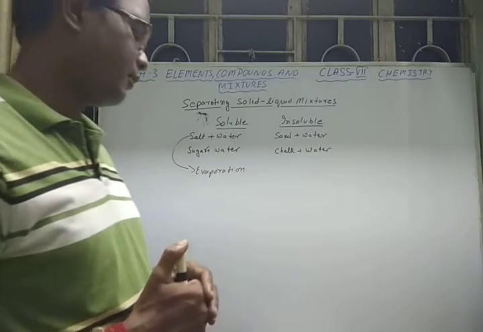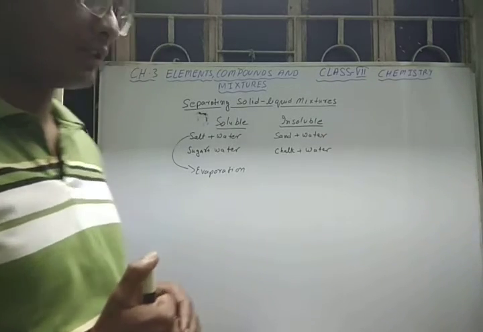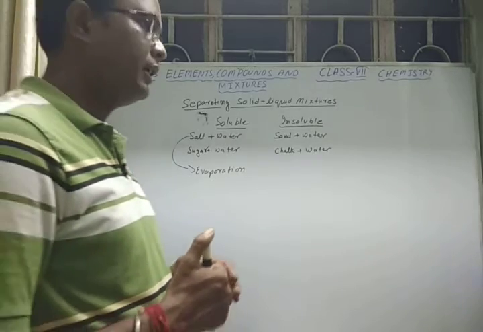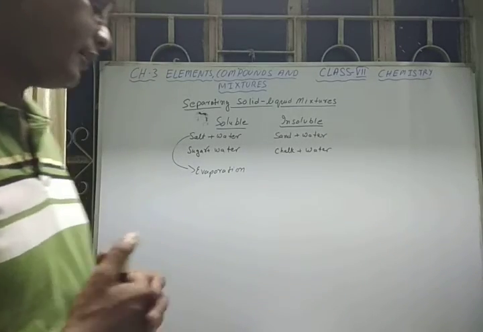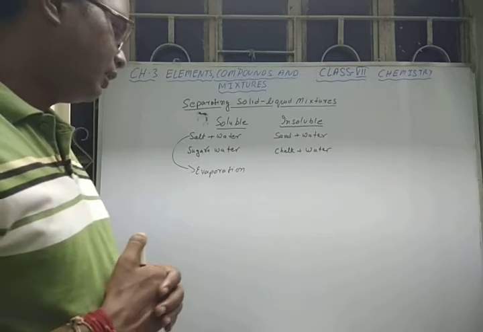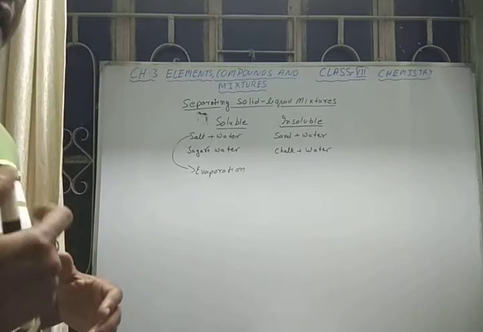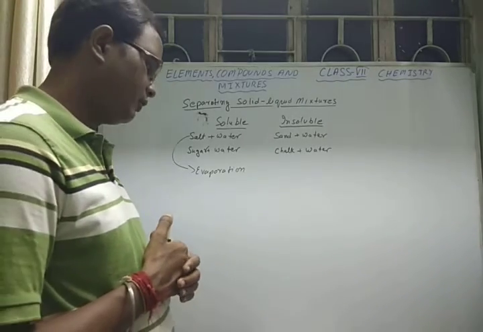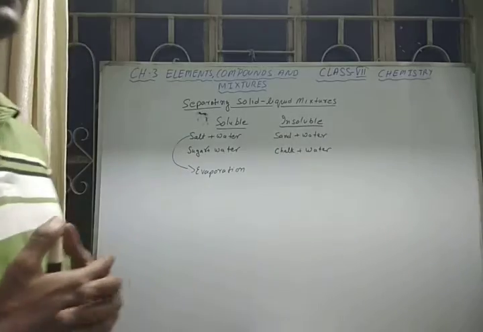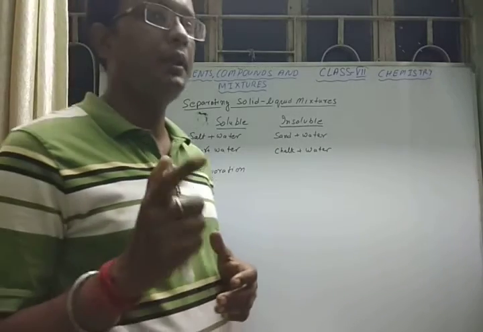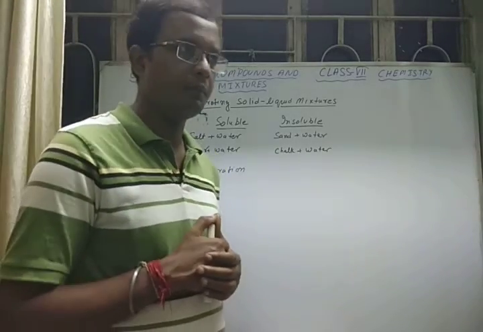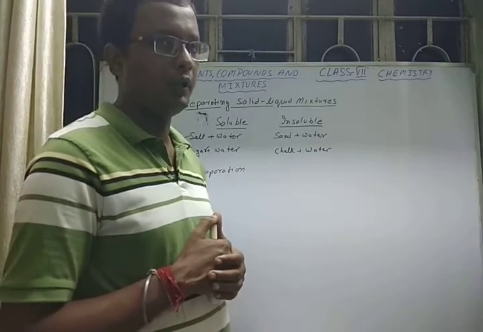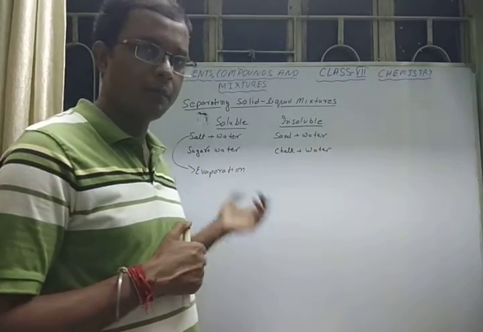Evaporation is the process of changing a substance from liquid state to gaseous state by increasing the temperature. But that temperature always should be below boiling point. The temperature should be below boiling point, then we call it evaporation.